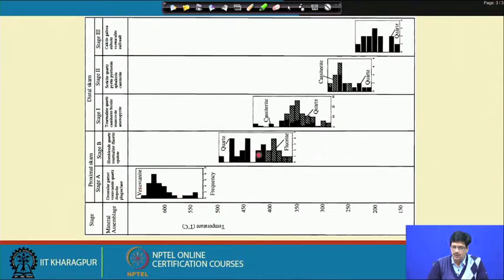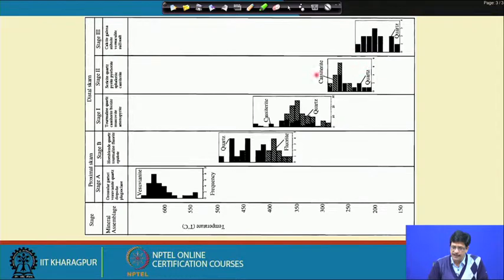The fluid gradually evolves to the distal skarn, stage 3, in which the fluid becomes higher and higher in pH, and it gives rise to deposition of calcite. Sulfides like galena and stibnite are deposited in the distal skarn in the cassiterite sulfide stage.